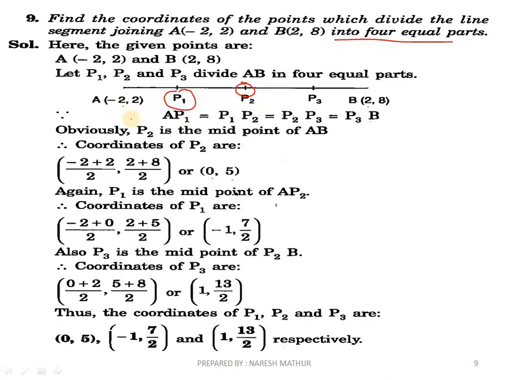Now see, (-2 plus 0) upon 2 is -1, and (2 plus 5) is 7, 7 by 2 is 7/2. So the coordinates of P1 are here. Similarly for P3, we can find the midpoint of P2 and B, and we'll get the value of P3 also. Alright, it was a simple question.